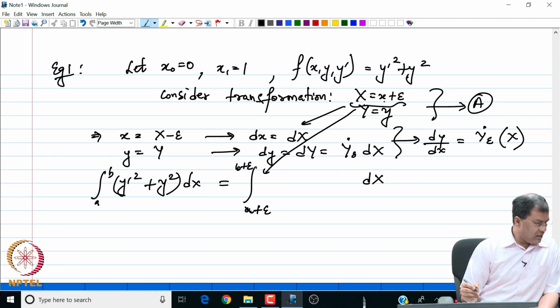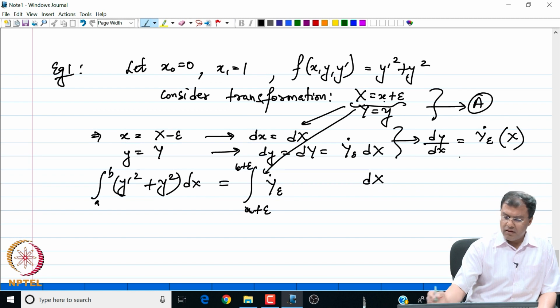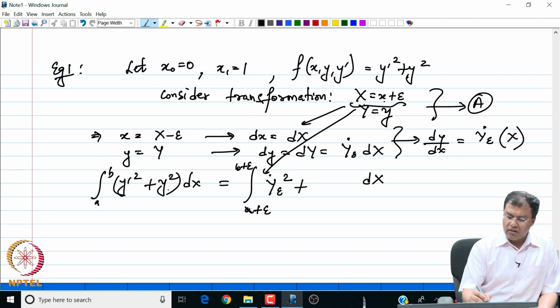So in this interval, let us see what y prime is. y prime is y epsilon dot, so y epsilon dot squared plus y squared. What is y squared? y squared is capital Y squared.